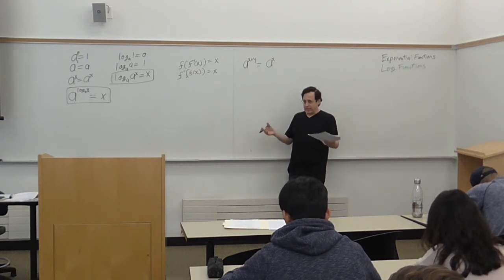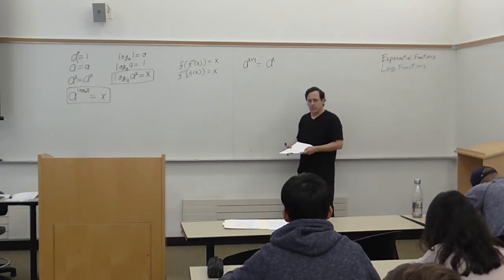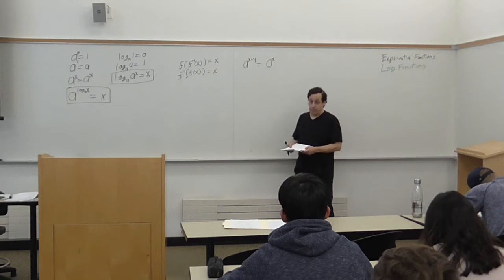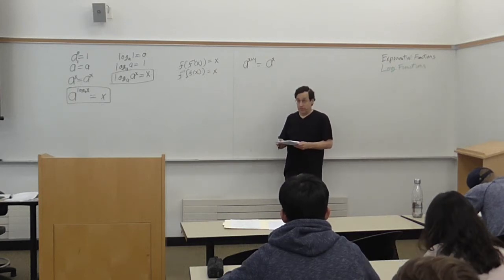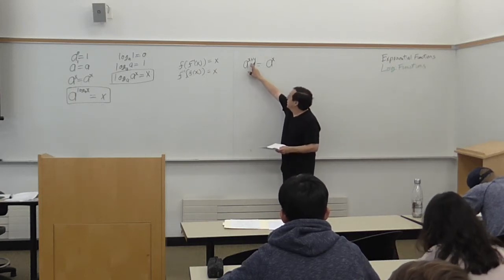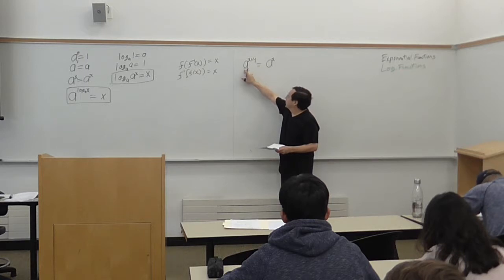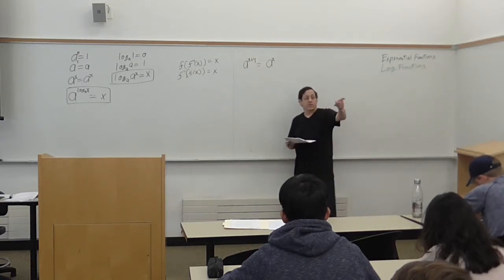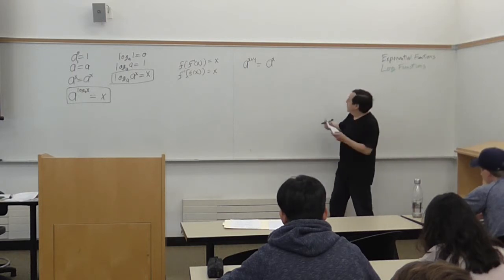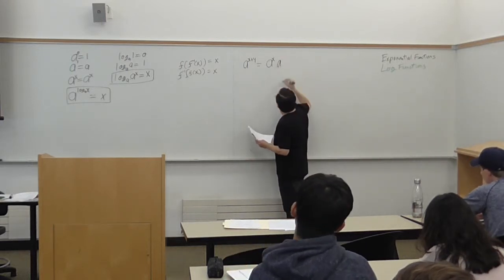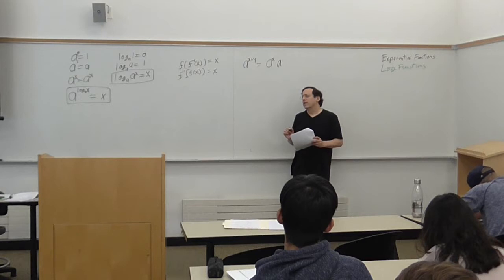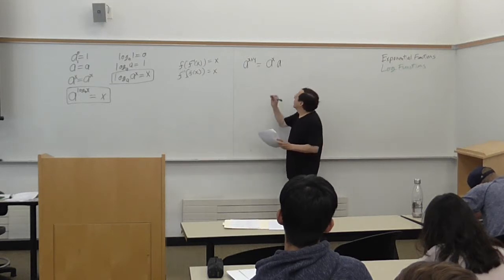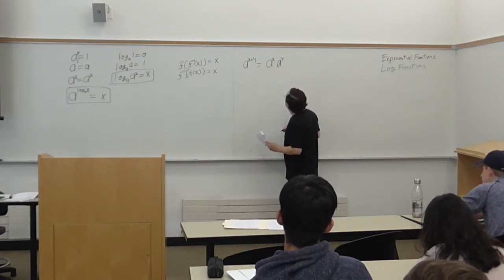One has to rise to the occasion. This is laws of exponents. We've been through these, right? What am I doing when I'm adding the exponents of a base? Multiply. Yeah, multiply. Times what? A to the y. Right.